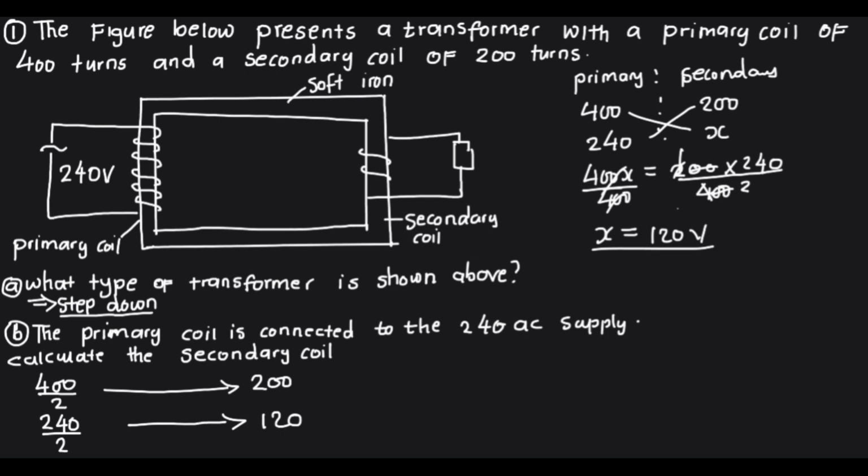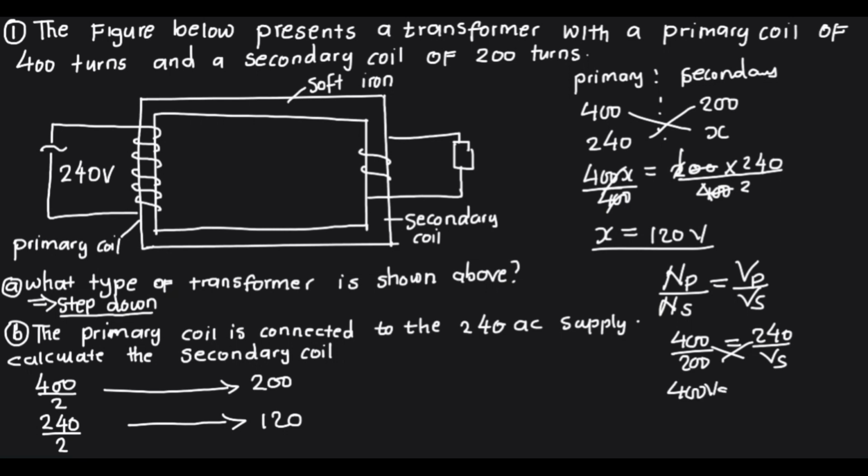Now we can also use the formula where we said number of turns on the primary divided by number of turns on the secondary is equal to voltage on the primary over voltage on the secondary. So number of turns on the primary is 400 over 200, is equal to voltage on the primary, 240, over Vs. If we cross multiply, we can see that we are getting the same answer.